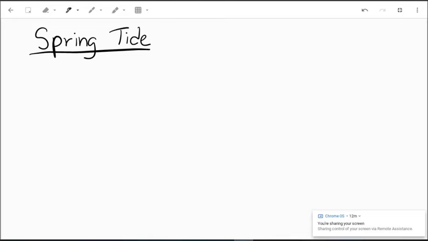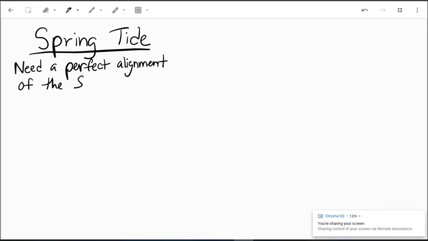In a spring tide, you need a perfect alignment of the sun, the earth, and moon.